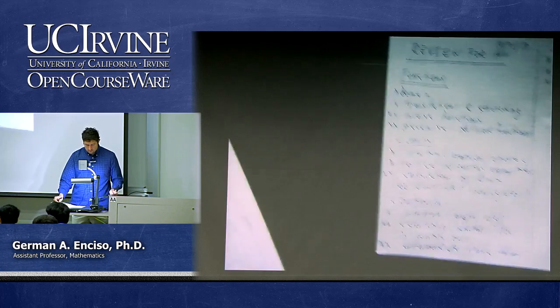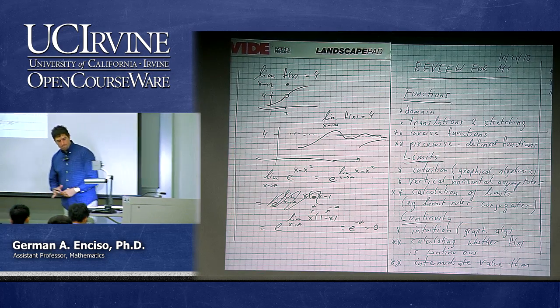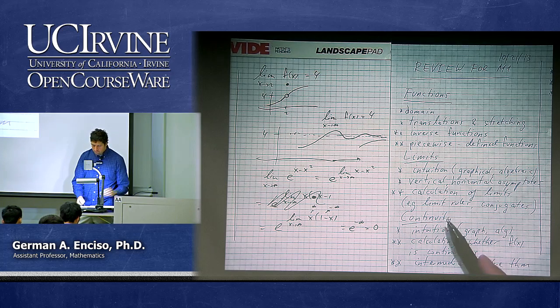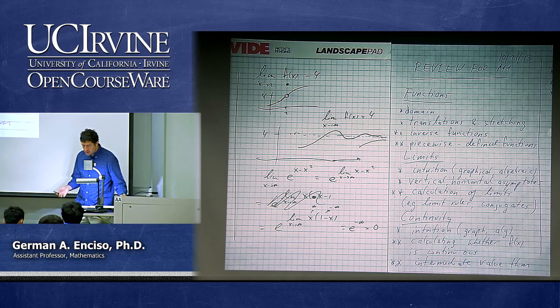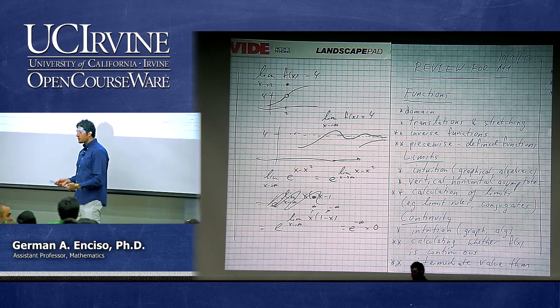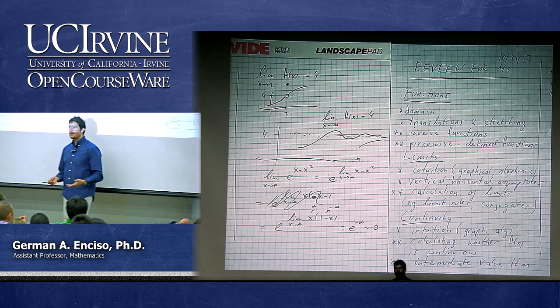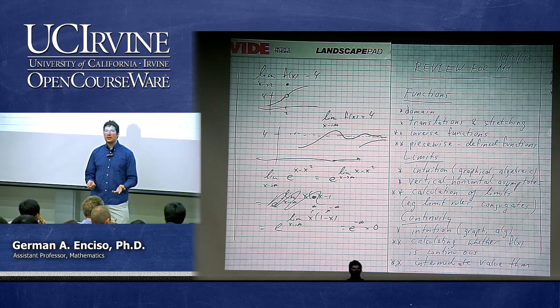Okay, so what else? Calculation of limits, so limit rules and conjugates. I just mentioned the limit rules. Conjugates, multiplication by conjugate, is a way to rephrase the limit so that you can actually compute it.